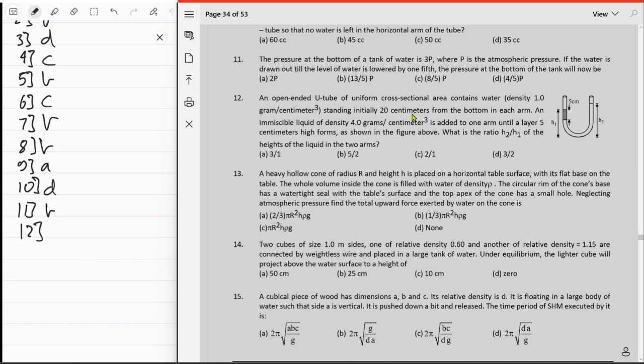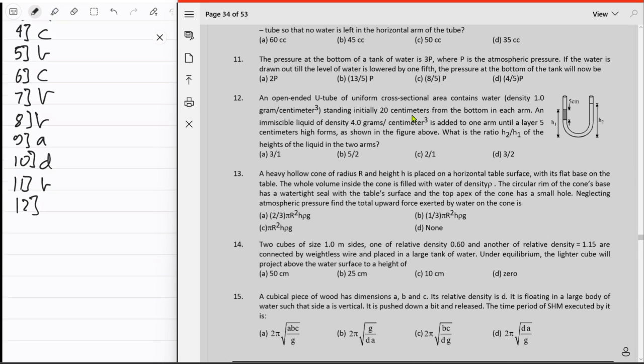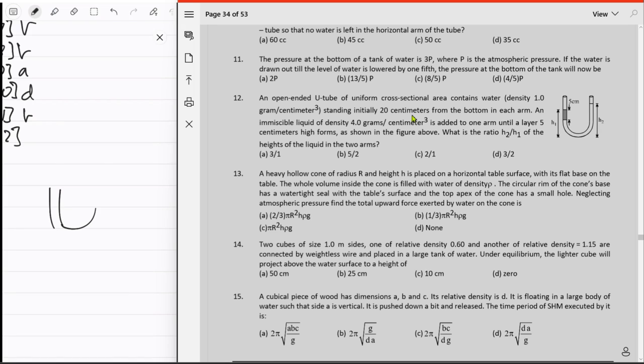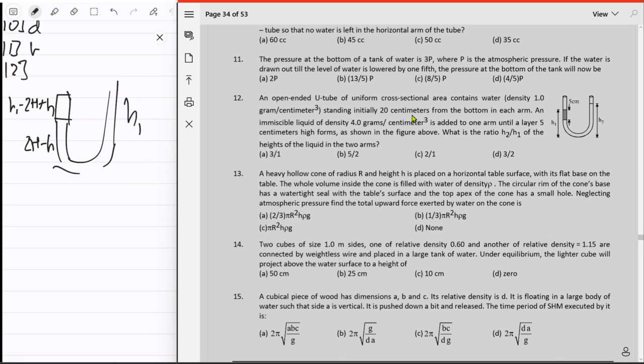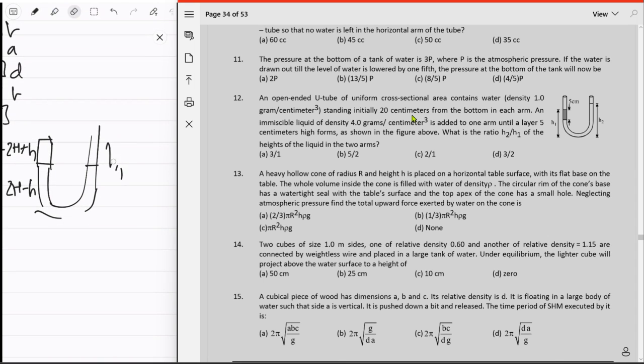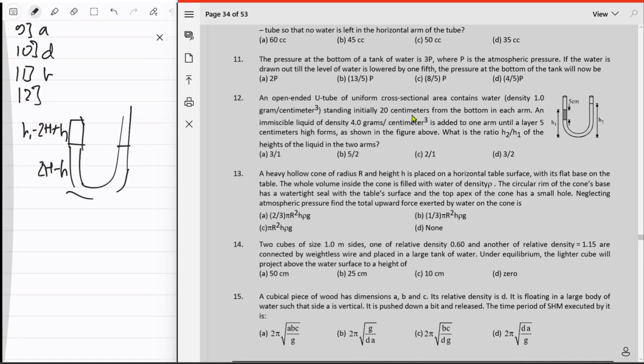That was 20 centimeters from each, so just say 2 capital H. Then it's H1 here for water, and this is 2 capital H minus H. Then you have this other liquid of some other density, and this is the remaining height. So H1 minus 2 capital H plus H. Then cut off these things. Oh, it should be H1 actually.